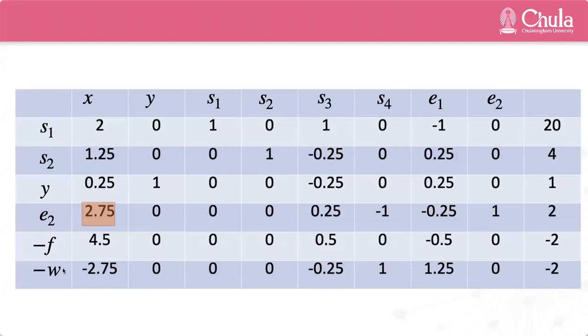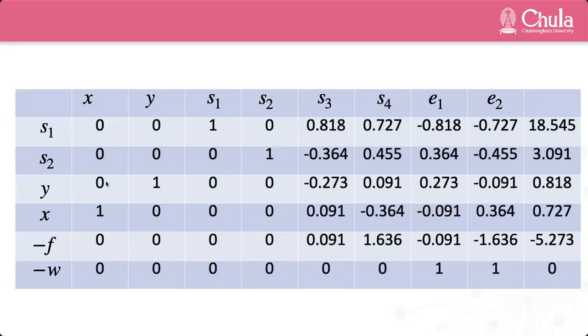And from here, we still have a negative coefficient, so we introduce x, and we remove E2 from the basic variable. So we render this table such that we have a 0, 0, 0, 1, 0, 0 column.